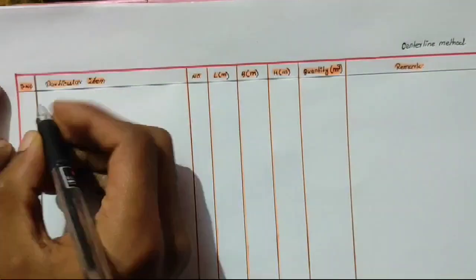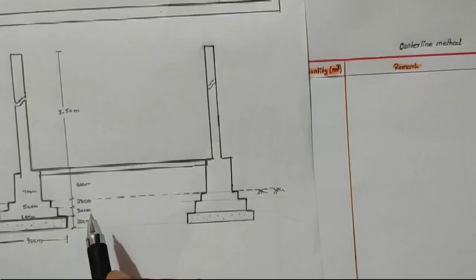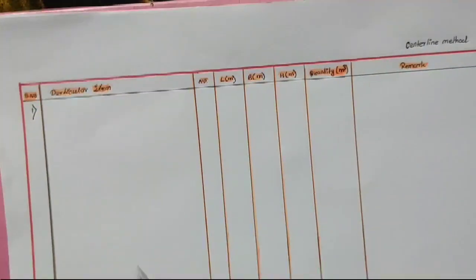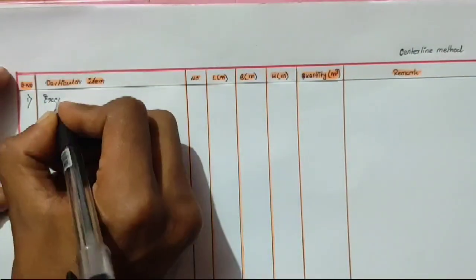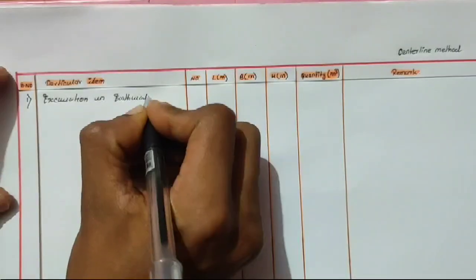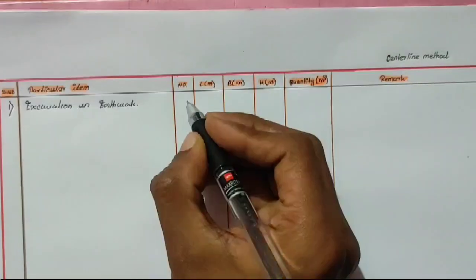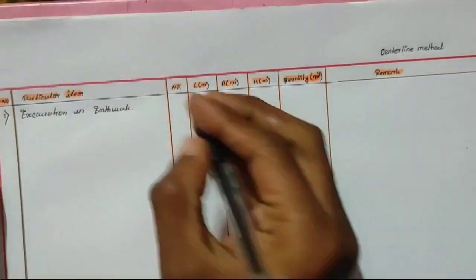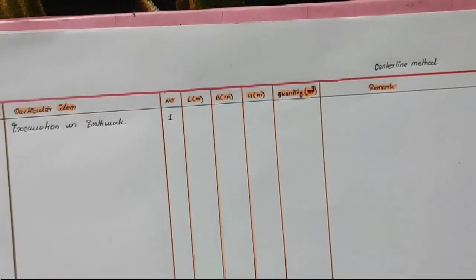So first we have to calculate excavation. Excavation in earthwork. Number, always just write number as 1 in the center line method. Length we have got 19.2 meter.